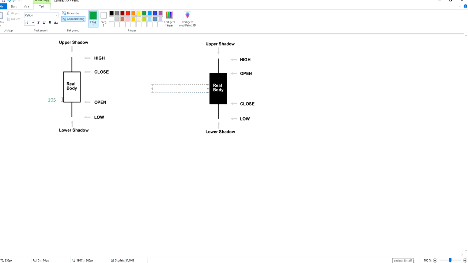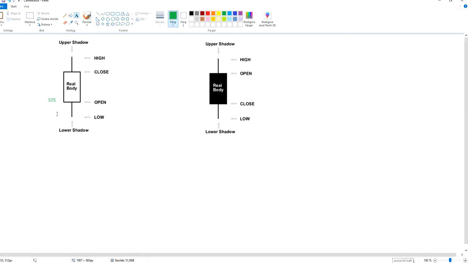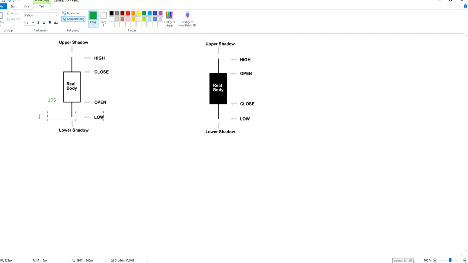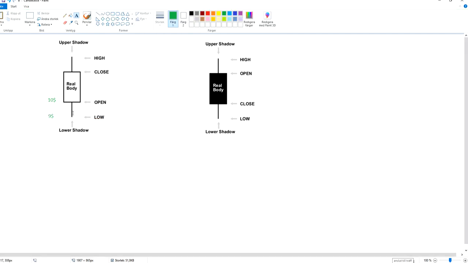However, during the trading session, it went down here, which represents $9. But before it went down to $9, or after it went down to $9, we don't know. It could be after or before it went up here, but it went up.